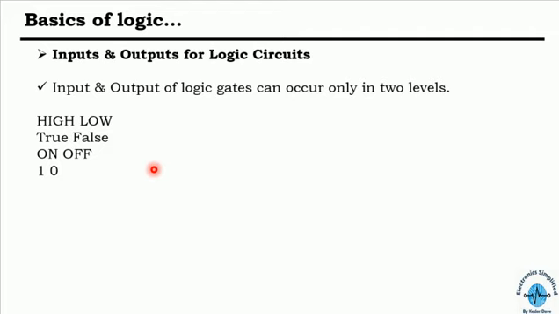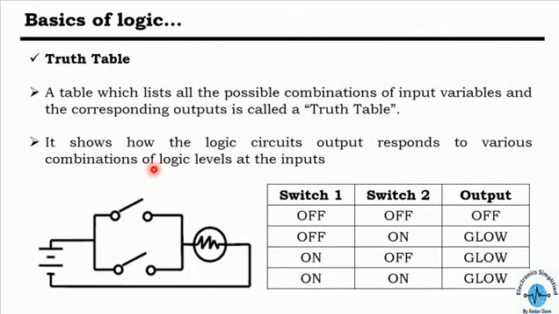A table which lists all the possible combinations of input variables and the corresponding outputs is called a truth table.